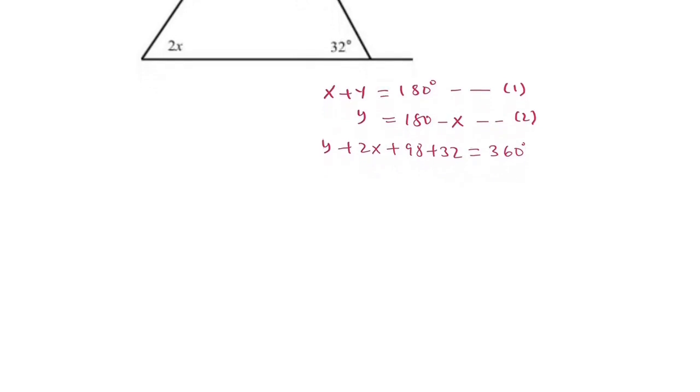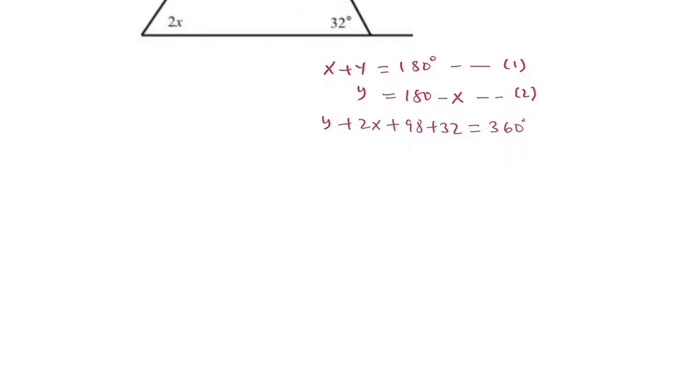Let us combine the constant terms. Our equation is y plus 2x equals 360 minus 98 minus 32. Solving this, we have y plus 2x equals 230. Let us now call this equation number 3.